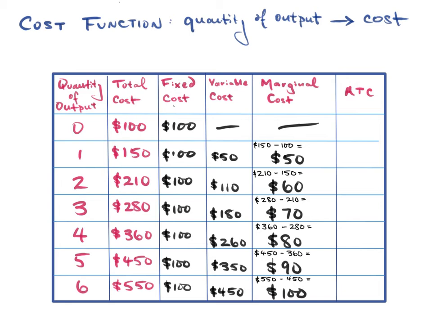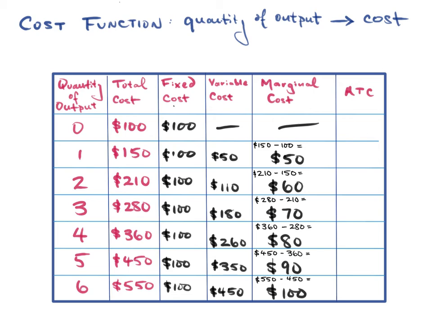One thing I'd like to note here is that there are increasing marginal costs for this cost function. This is kind of the flip side of what I discussed earlier, diminishing marginal product. Diminishing marginal product was the idea that each additional worker, for example, produced fewer widgets than the worker before it.